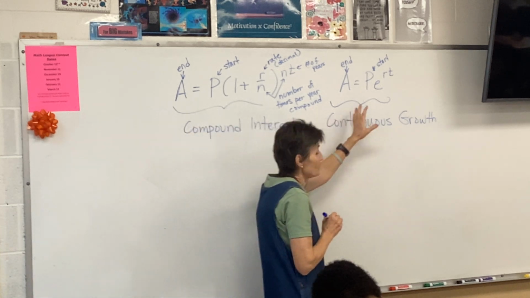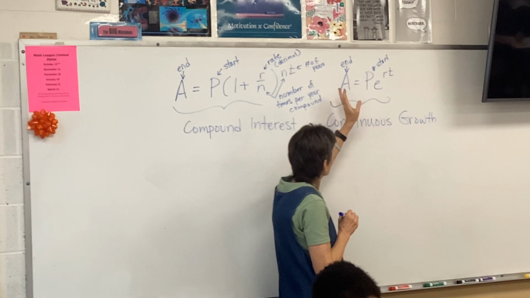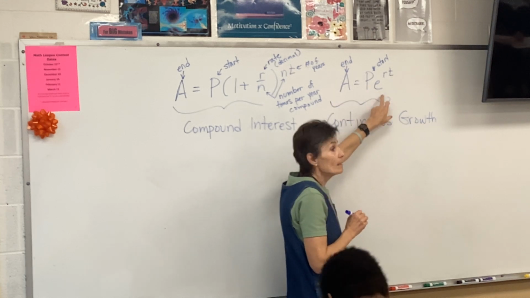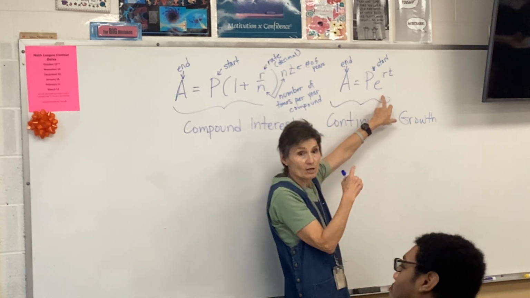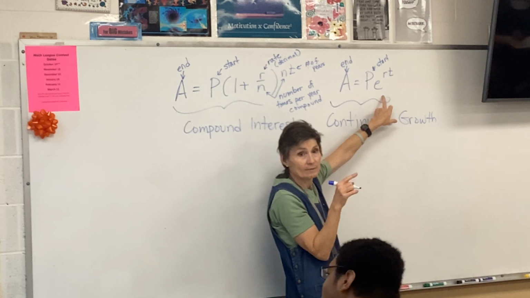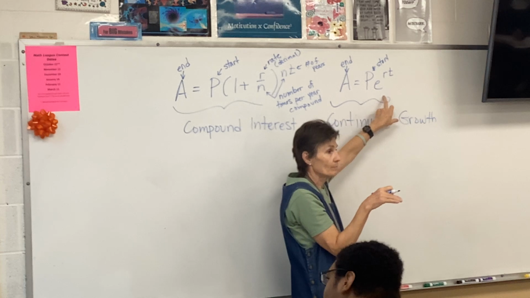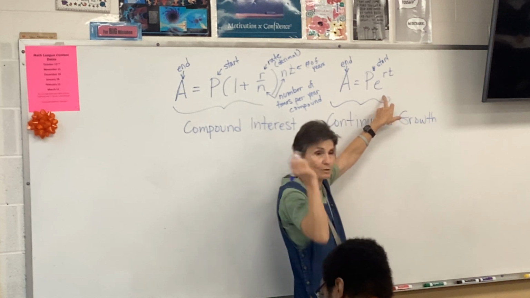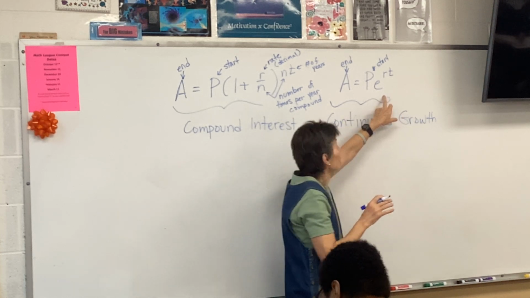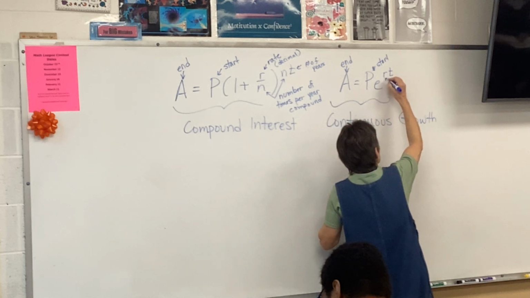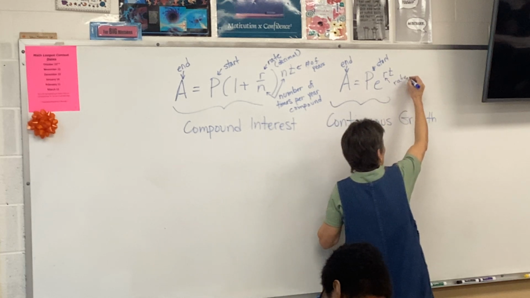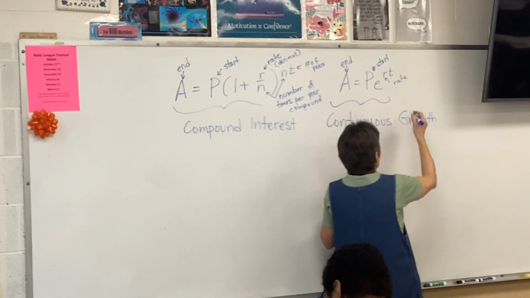Now, in the continuous growth formula, we already talked about, here's the end, here's the start. That's E. That's our Euler's constant, that's E. That's not a variable, that is the number E, which is on our calculator. We're going to use calculator for all this stuff. R is the interest rate, or the rate of growth, depending on what our situation is.